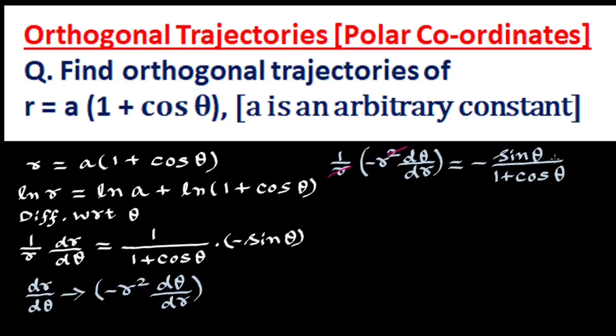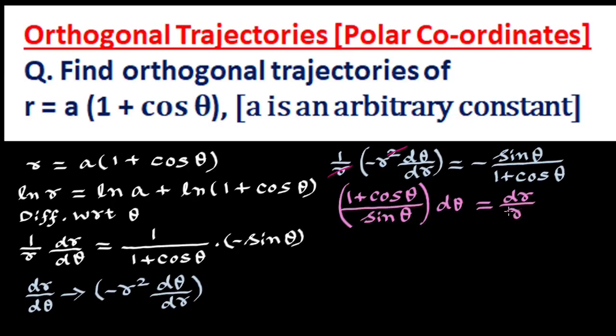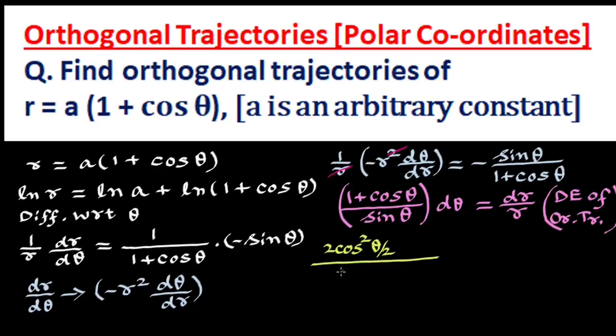Cancelling 1 r and rearranging the terms, or separating the variables, 1 plus cos theta upon sin theta d theta equals dr by r, which is the differential equation of the orthogonal trajectories. Before we integrate, we write 1 plus cos theta as 2 cos square theta by 2 upon sin theta as 2 sin theta by 2 cos theta by 2 d theta equals dr by r.